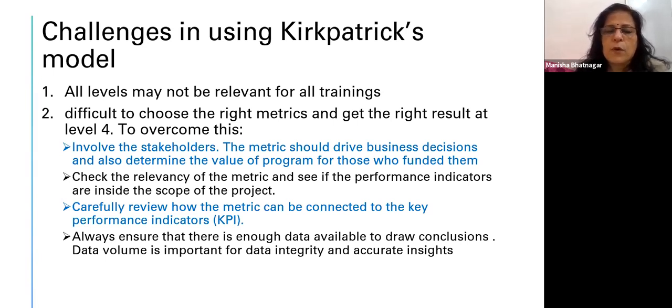People who have funded are also stakeholders, so you must involve them, check the relevancy of the metric, and see if the performance indicators are inside the scope of the project, whether that is practical to do. Carefully review how the metric can be connected to the key performance indicators.